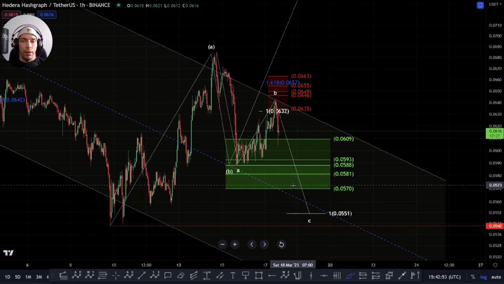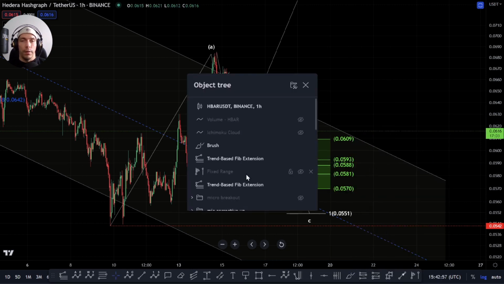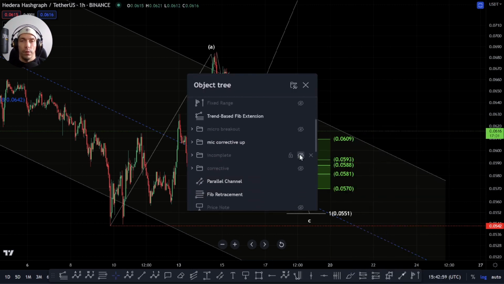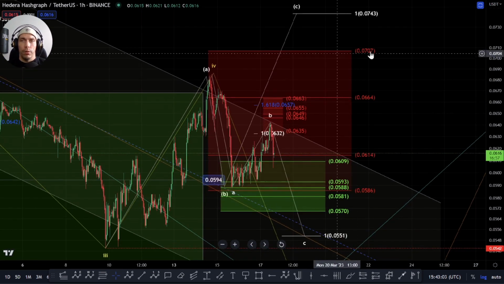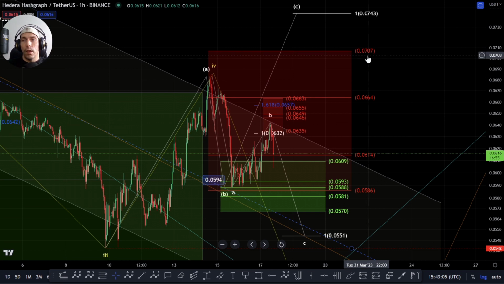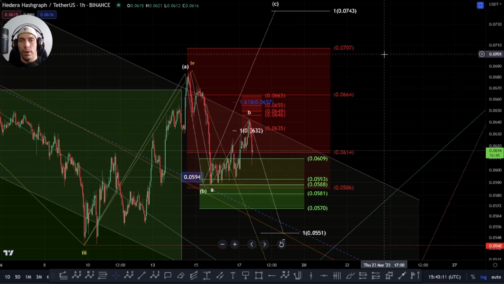But it starts to become more likely that we're going to break down. The zone we want to remain within, if we're looking for this as a fourth wave, is that we don't really want to go much higher than this area of 0707. If we break too high above this 0707, it becomes less likely.